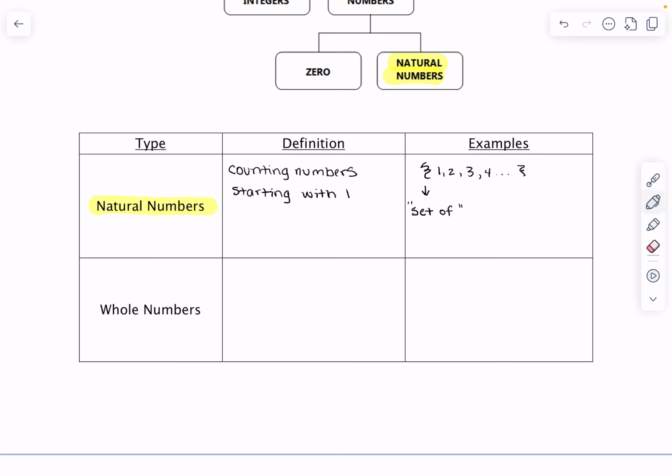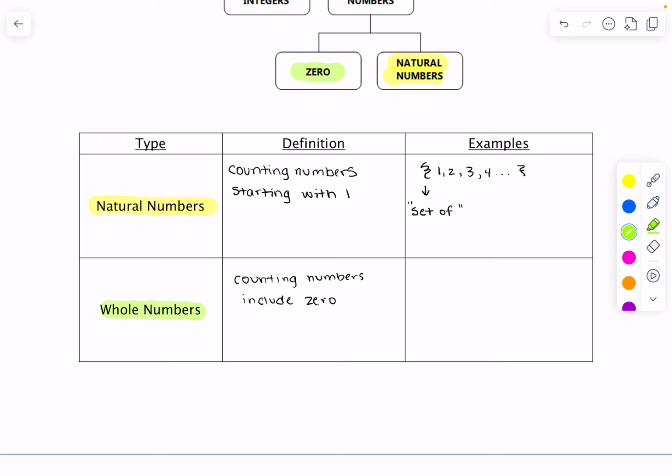Now, natural numbers are also included in the set of whole numbers. So the whole numbers are all of our counting numbers. So it's still all of your counting numbers, that 1, 2, 3, 4, etc. But now we're going to include the number 0. Okay, so that also falls here at the bottom of the chart.